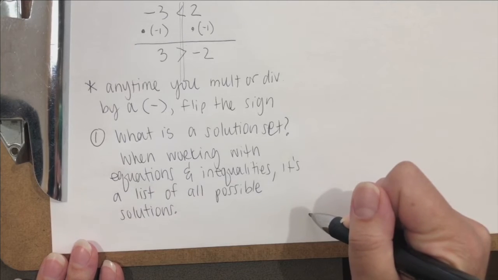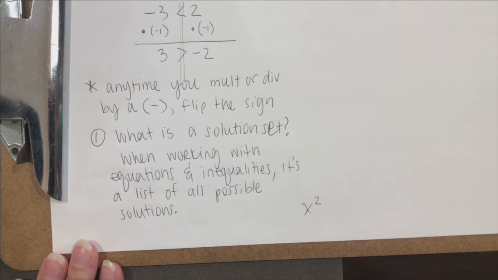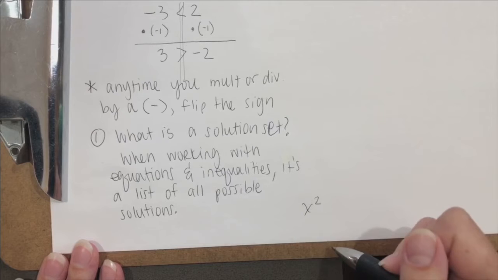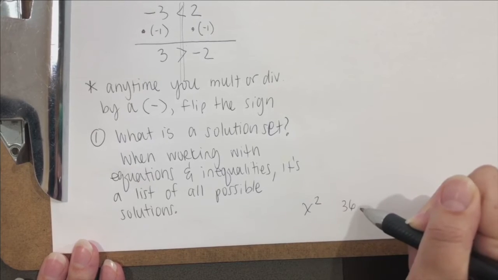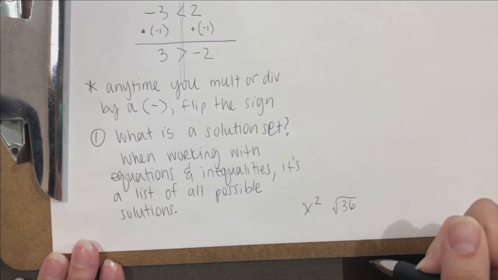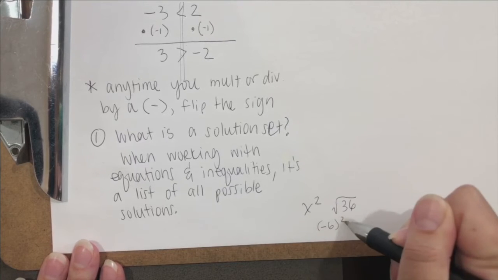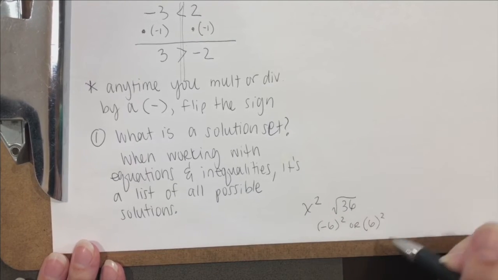Let's say, for example, that you have an x squared somewhere in your equation or maybe in your inequality. Well, if you're going to try and find the solution to an x squared problem, like 36, and you need to unsquare it or find the square root of 36, you could have negative 6 times negative 6, or you could have 6 times 6.